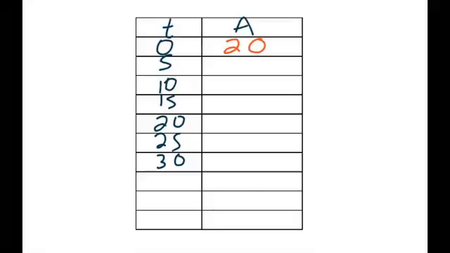Okay, the numbers are 20, 31, 47, 72, 109, 167, and 256.